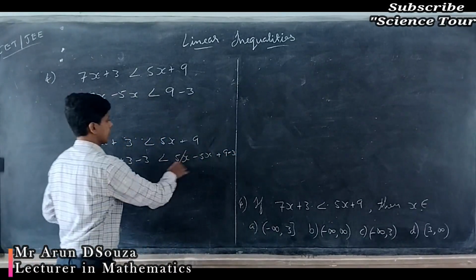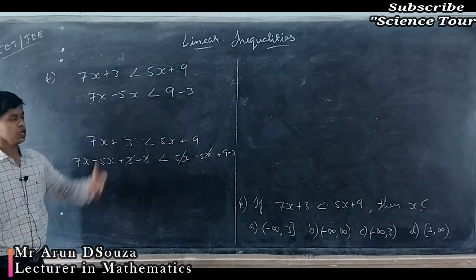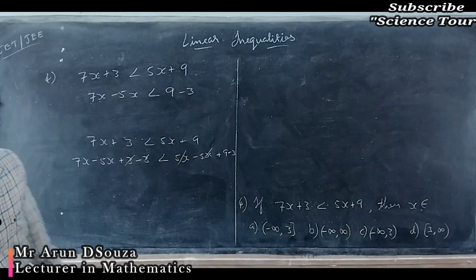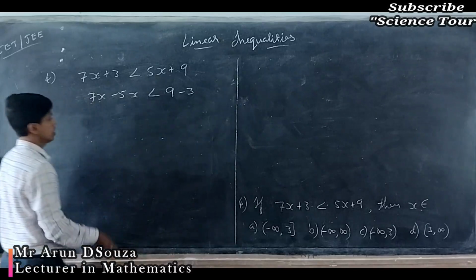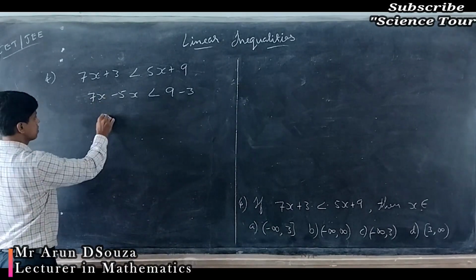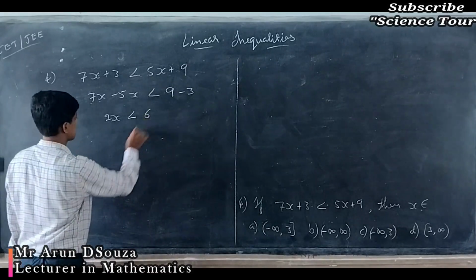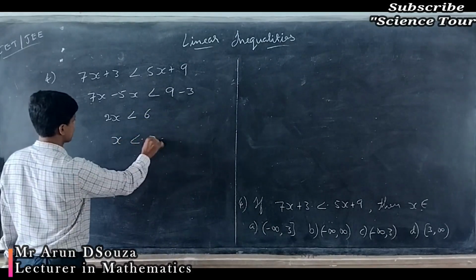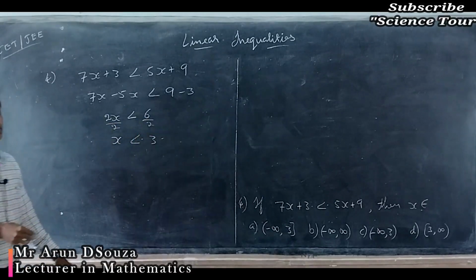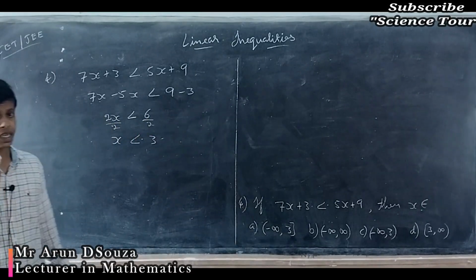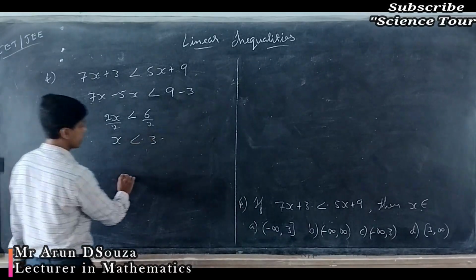All right, so this cancels out here, and here 3 cancels out, so that's what remains out of this. Let's continue from here. As you continue, what you notice here is you are left with 2x less than 6, so which tells you x is less than 3. You are dividing by 2, so if you are dividing by a positive quantity, inequality does not change, so remains the same.